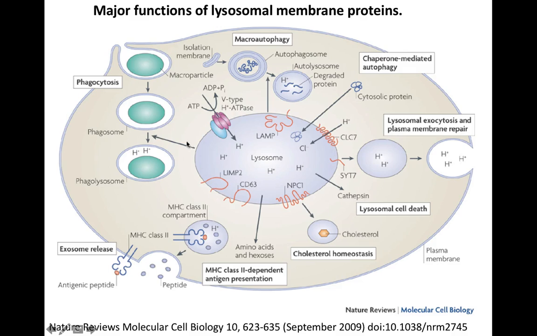Then we have these V-ATPases. These are the polar opposites of ATP synthase. We will study ATP synthase later. They perform their function by hydrolysis of ATP molecules, and this hydrolysis basically leads to the influx of protons into the lysosomes.